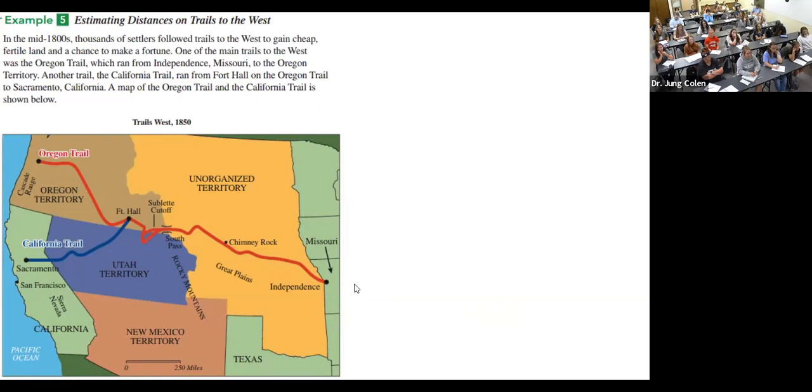It ran from Independence, Missouri to Oregon Territory. Another trail, the California Trail, ran from Fort Hall on the Oregon Trail to Sacramento, California. Much shorter. A map of the Oregon Trail and California Trail is shown here, red or blue.